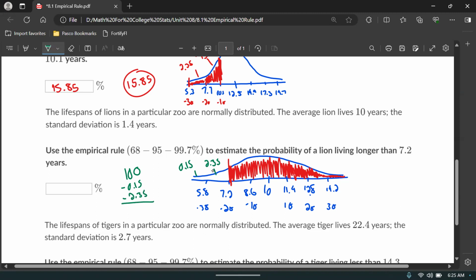Essentially this will come out to a total of, I think, 99.7. Or not, 97.5, sorry, 97.5. So our answer is 97.5%. So that's one way of doing it, taking 100% and subtracting this amount, because this is obviously not counted.